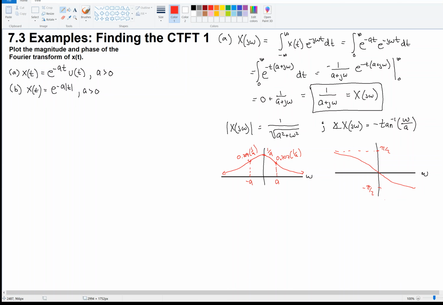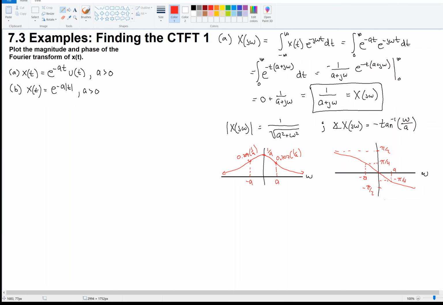And actually, at A is that important point. At A, we have minus pi over 4. And at minus A, this is an odd function. At minus A, we have positive pi over 4. So that's what the magnitude and the phase look like for this Fourier transform.